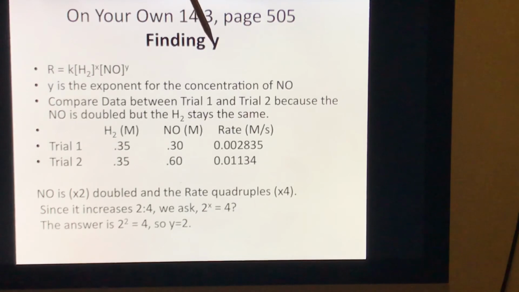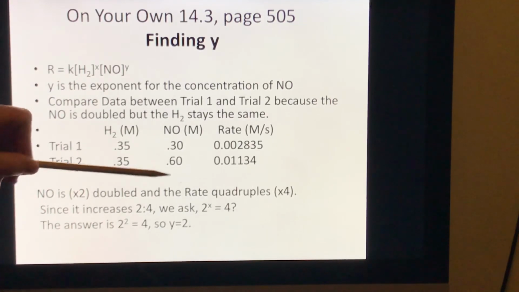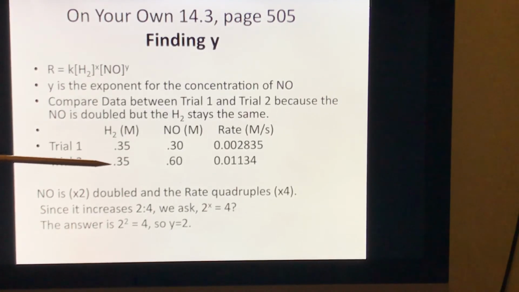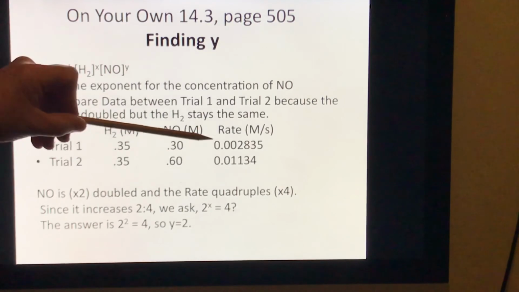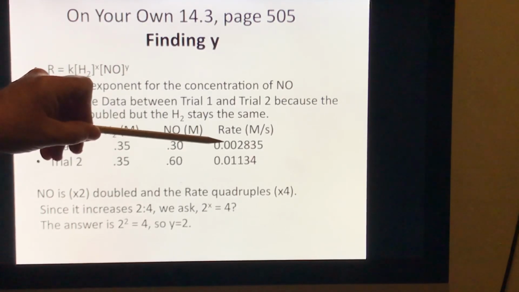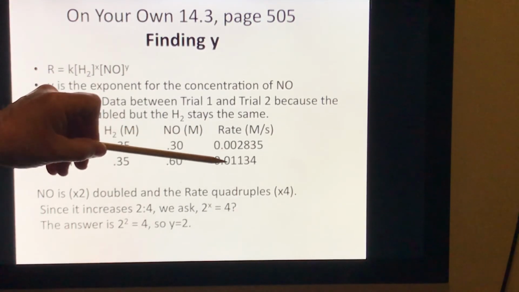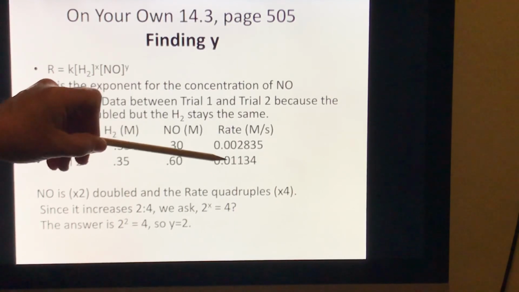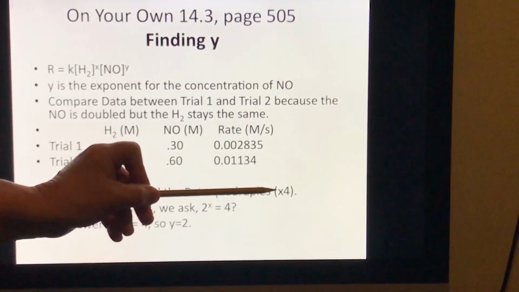Now finding Y. Y is the exponent for the concentration of the NO. We compared data between trial 1 and 2 because here the NO is doubled, but the hydrogen gas stays the same. So our rate is jumping from this number to this number. If you divide them, you find that the rate quadruples.